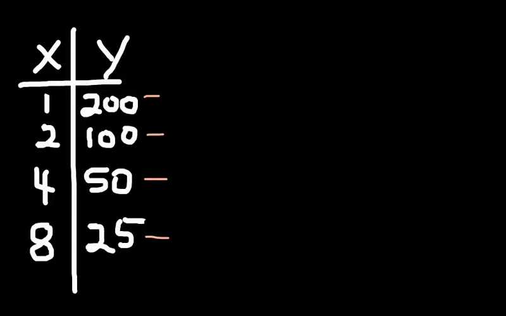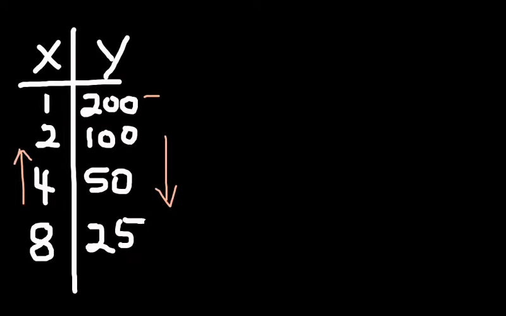Now, one thing I want you to notice is that this relationship, unlike a direct variation, is different. One of the things we notice here is that as x gets bigger, y actually gets smaller. That's the inverse relationship in our problem right here.